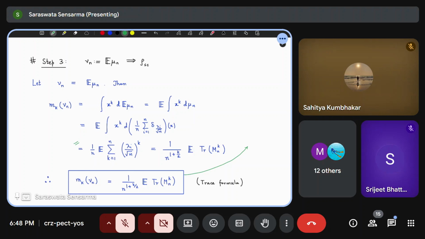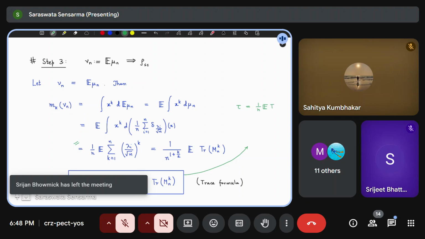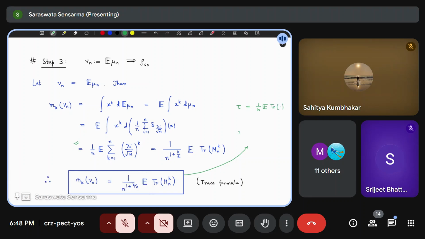But okay, if we wait here for 1 second, let's say you define a linear functional tau, which is 1 over n expectation of trace of something. So this formula just says that if I define a linear functional like this, then this formula reads mk of nu n equal to tau of mn power k.